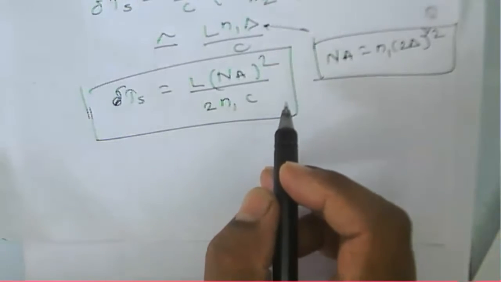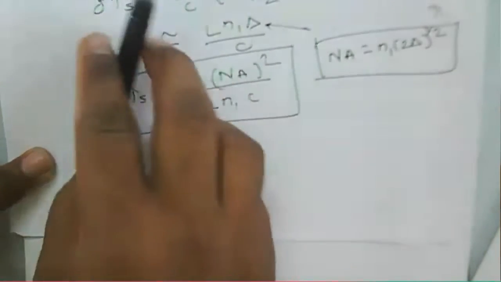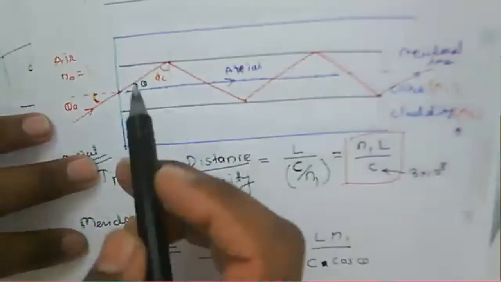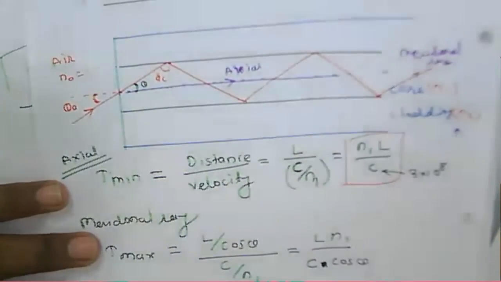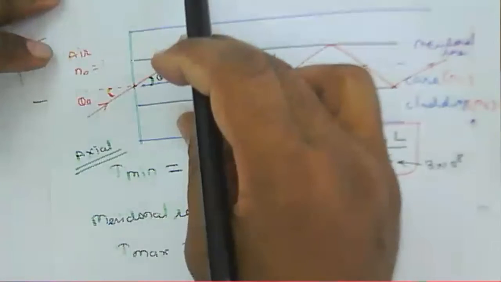So this is nothing but the delay difference in terms of the numerical aperture. We can say that for a given particular fiber, the delay difference depends upon the numerical aperture, and the numerical aperture is nothing but the acceptance of a fiber.